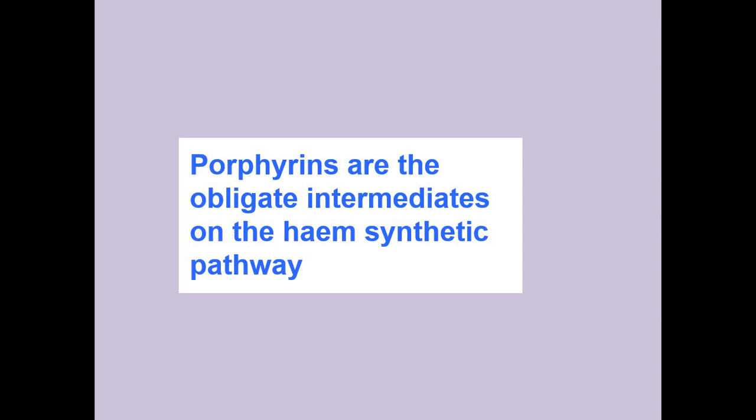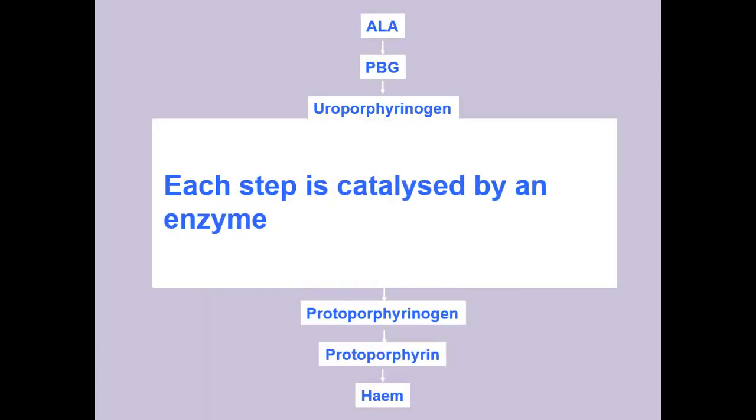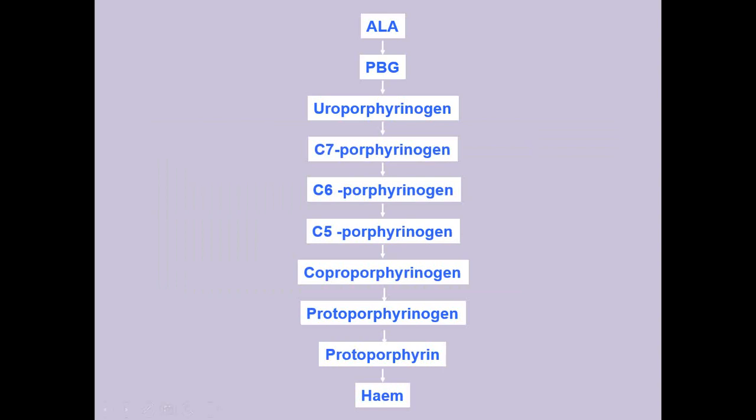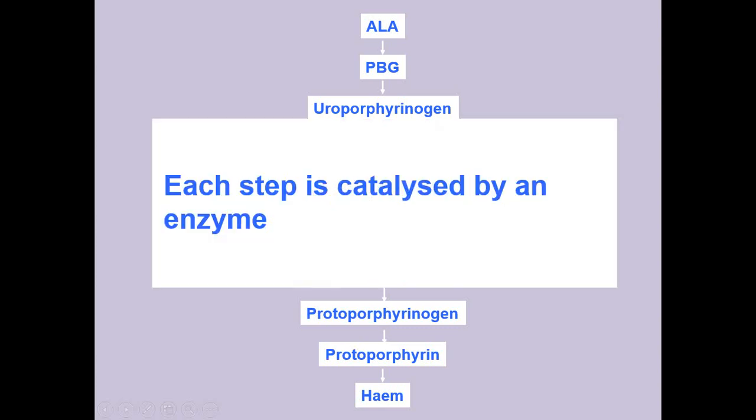Porphyrins are obligate intermediates in the heme synthetic pathway. In the first step, ALA is formed, then PBG, then uroporphyrin, then C7 porphyrin, then C6 porphyrin, then C5 porphyrin, then coproporphyrin, then protoporphyrin, and then heme.